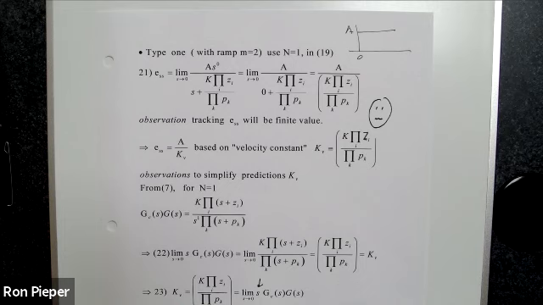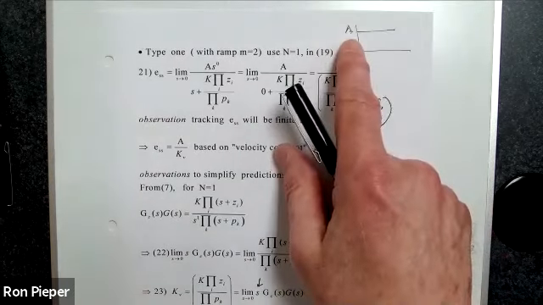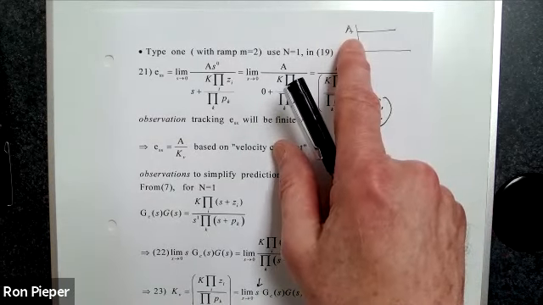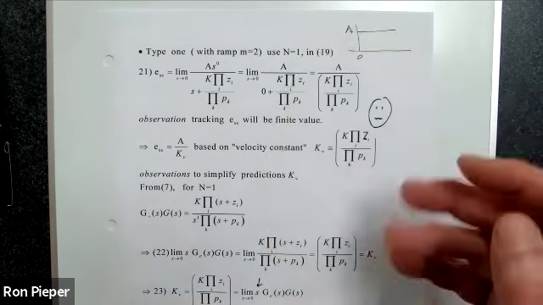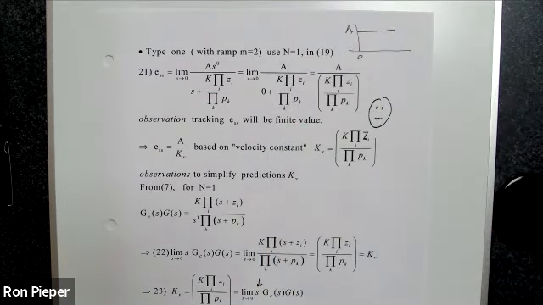For a ramp, the slope would be increased. And for the parabola, the second derivative gets increased, so it increases faster even. So the A plays a role in all three of them. Did I answer your question or not?